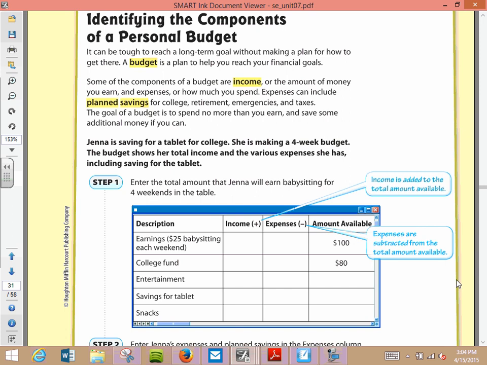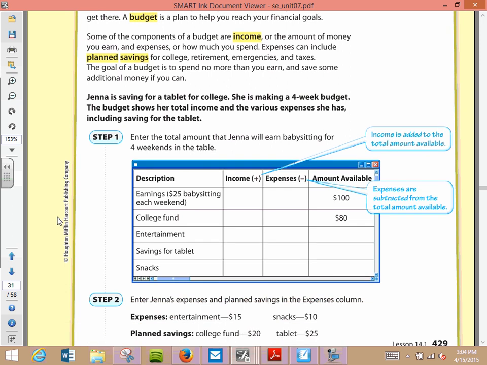Whereas there are some expenses that you just spend randomly. If we look at this, the earning for this girl, Jenna, is babysitting. She gets paid $25 every weekend. It's not a lot, but it's something. Then you have the college fund, which is an expense. Whenever you take money out of your account to put into savings, that's considered an expense because you're taking it out and putting it somewhere else.